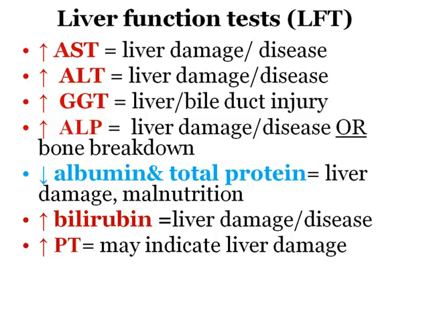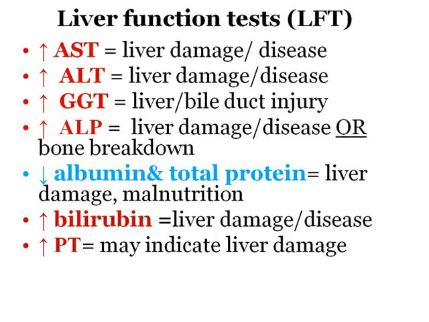If your GGT is elevated, it could be liver or bile duct injury. Elevation in your alkaline phosphatase or your ALP may demonstrate liver damage, disease, or even bone breakdown. Now your alkaline phosphatase, that's the one that changes with bone changes as well. So it could be liver, but it also could be bone.